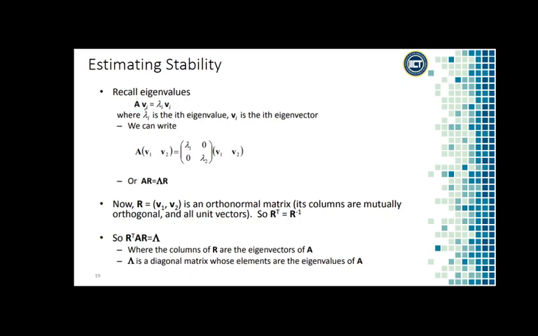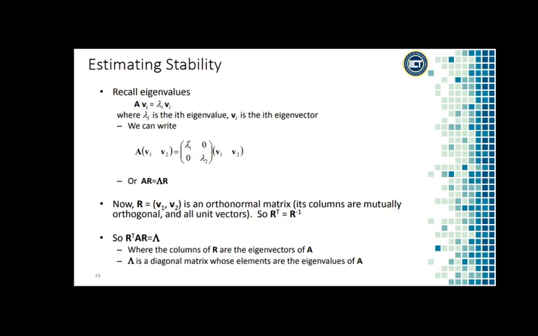The matrix A multiplied by the eigenvector is equal to the eigenvalue multiplied by the eigenvector. So lambda are the eigenvalues and the vector is the eigenvector. And we can write it in this form, where A is the matrix and the vector is a unidirectional vector.